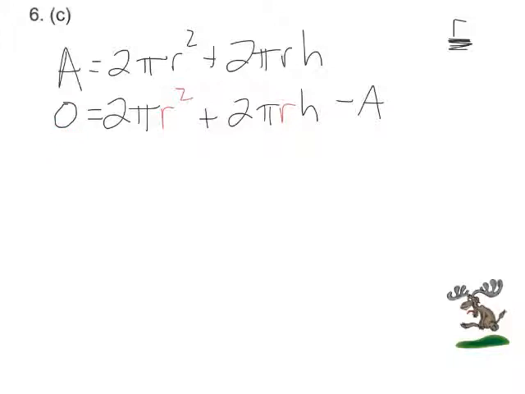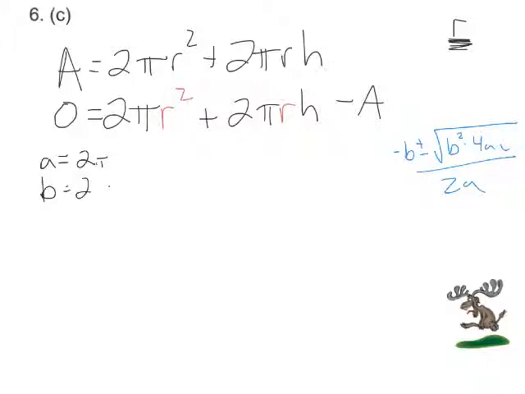As a reminder, the quadratic formula is negative b plus or minus the square root of b squared minus 4ac, all over 2a. So we want to start filling this in. Let's go ahead and write these down. Our a value is 2 pi, our b value is 2 pi h, and our c value is negative A.